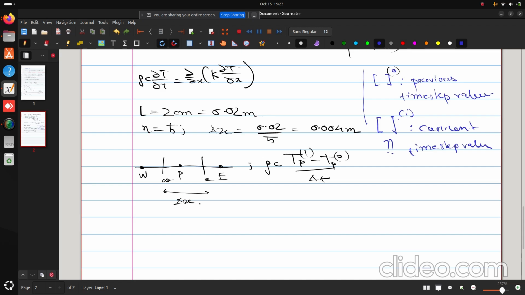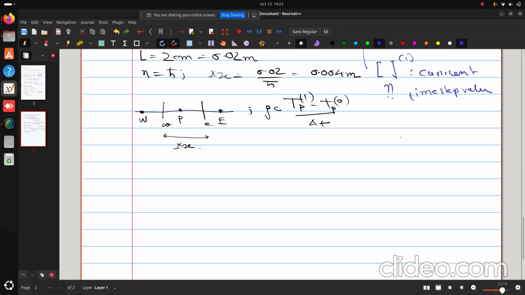Superscript 1 will be unknown, and superscript 0 will be the known value, which is the value at the previous time step. Okay, so the first term has been discretized.